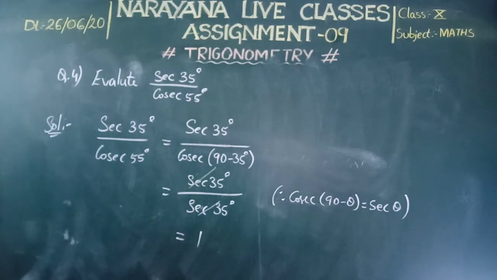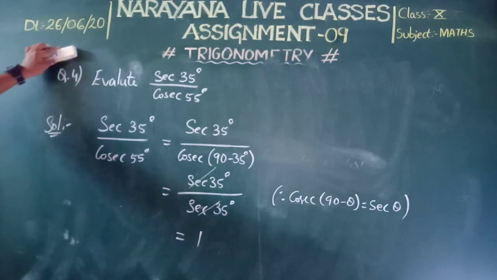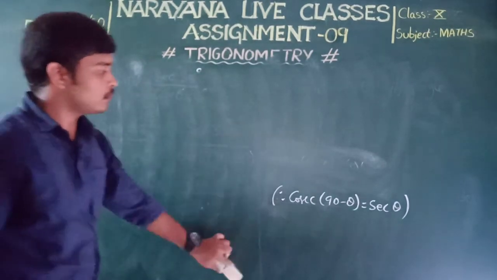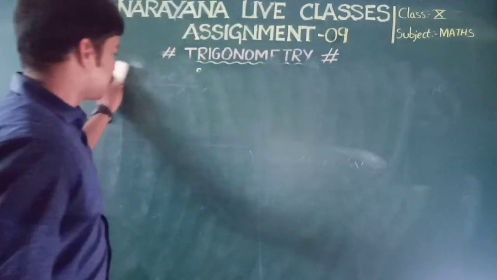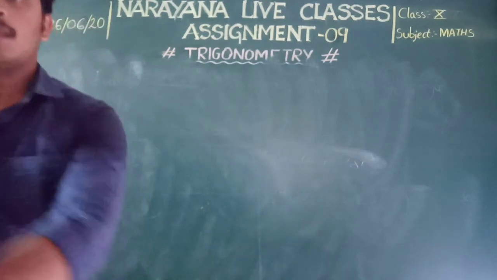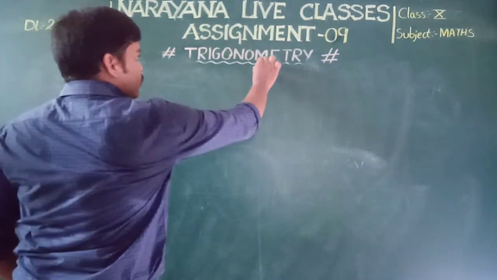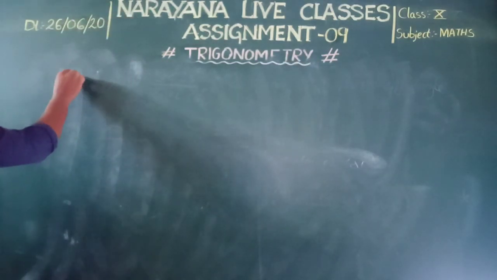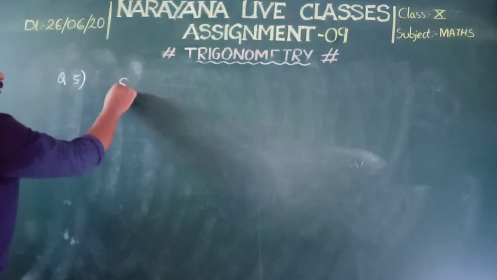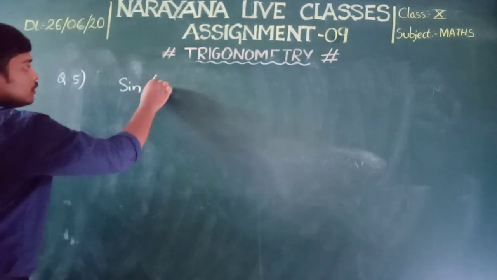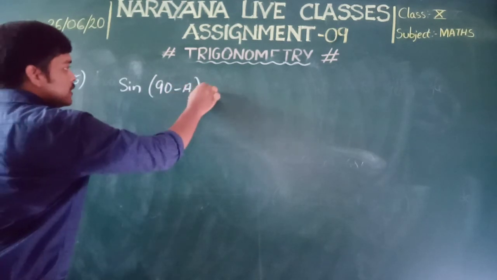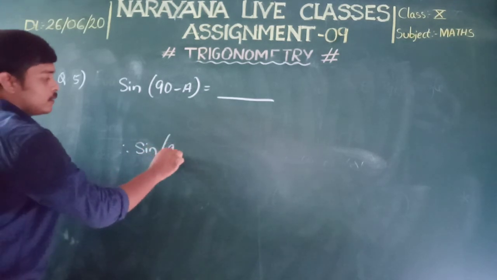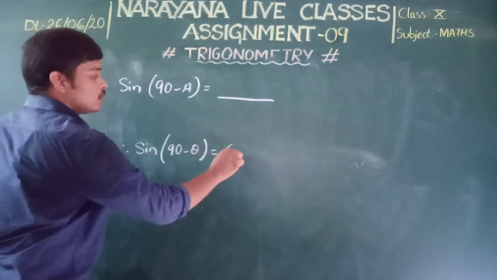Now the last question of this assignment. See children, it is a simple fill in the blank: sin (90 minus A) is equal to, we all know the complementary angles, sin (90 minus theta) is equal to cos theta.